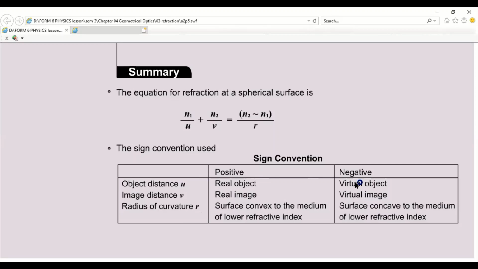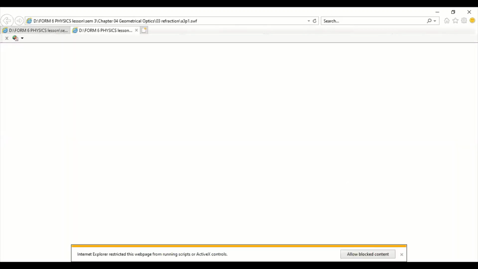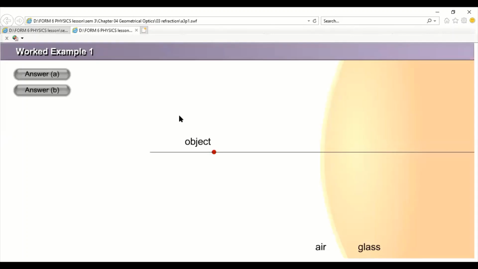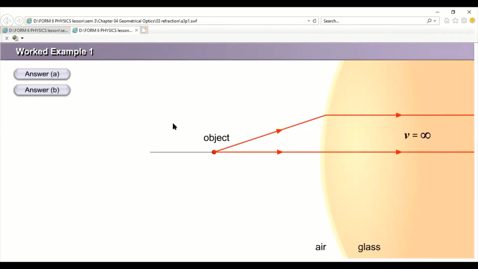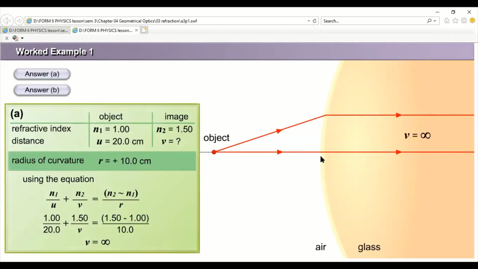Next, let's have some examples. An object is placed in front of a convex surface at a distance of 20 cm, where the refractive index of air n1 is 1 and the refractive index of glass n2 is 1.5.